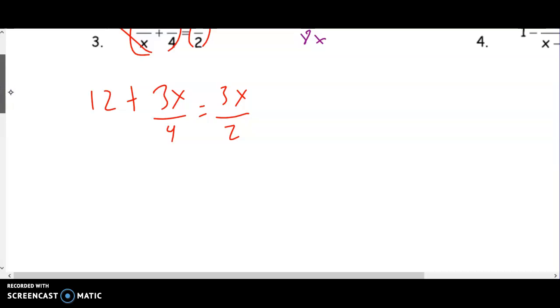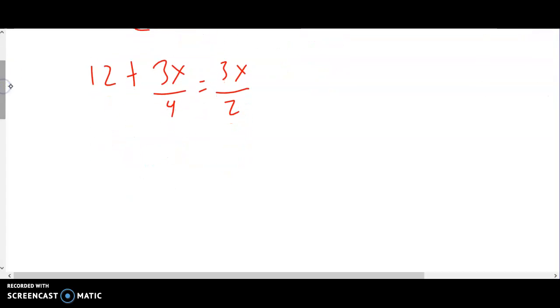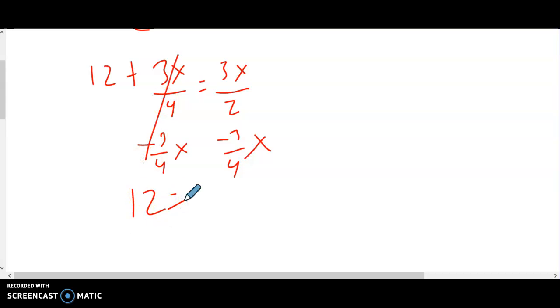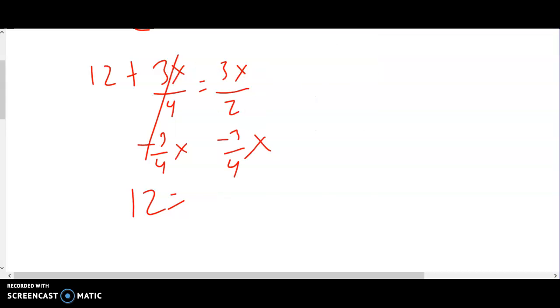And this one's linear. So let's just solve this guy. So let's see which one's bigger. 3/4, 3/2, that one's bigger. So I hate when that happens. So minus 3/4 x, whatever you do to one side, do to the other. 3/2, we need a common denominator. So let's double that and double that. 6/4 take away 3/4 is, well, 3/4.